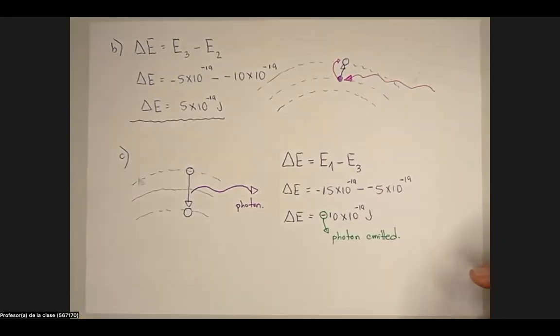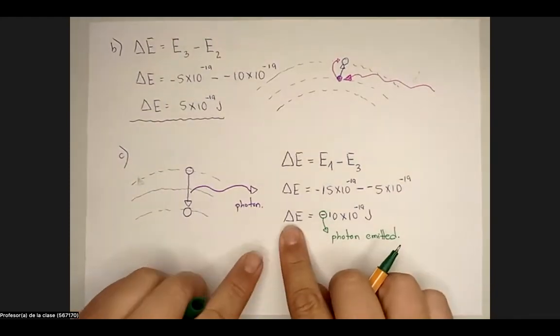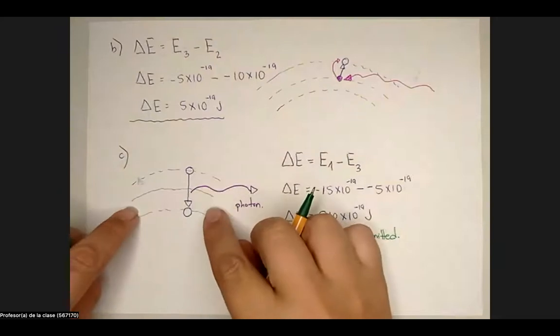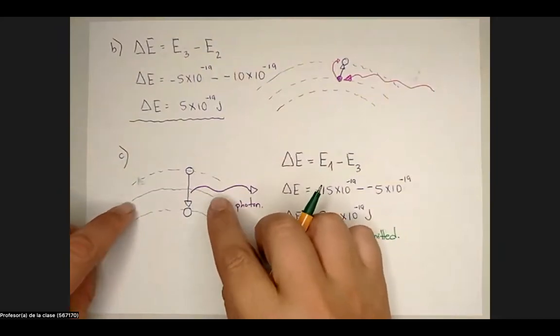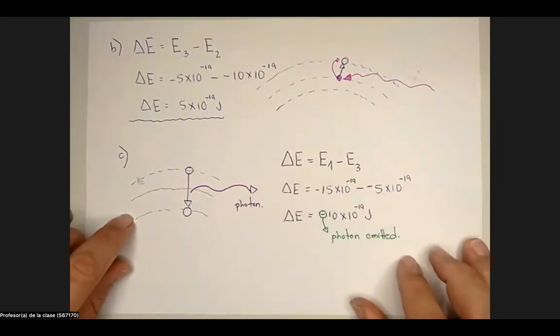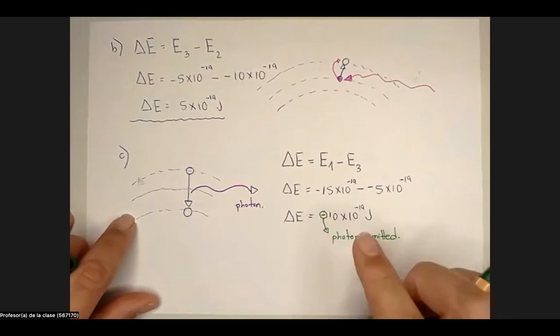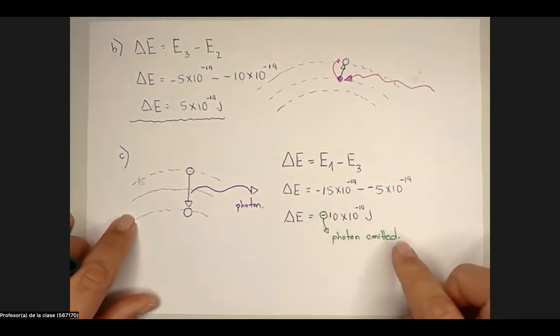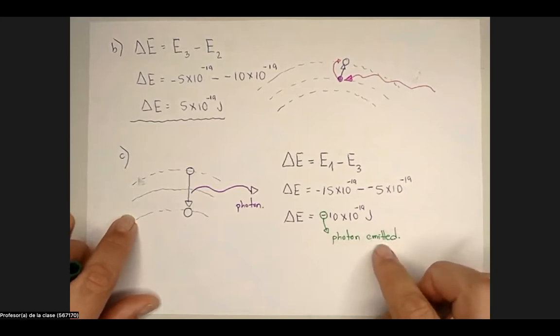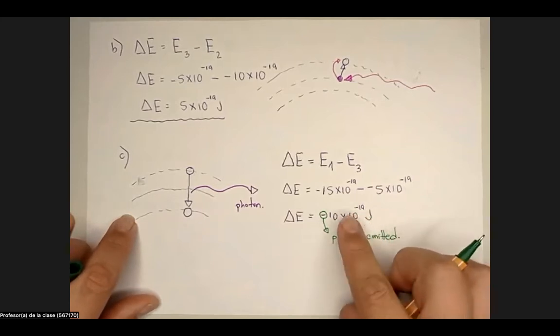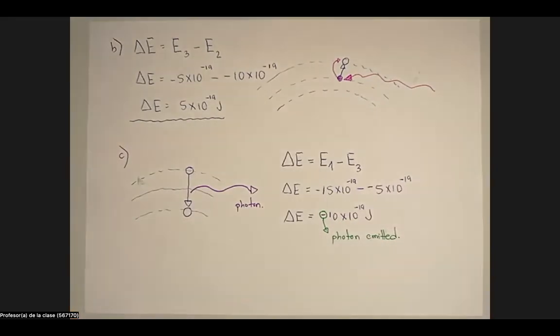That is the meaning of the subtraction of two different levels around the nucleus. This minus represents that the photon is emitted. And of course, the photon emitted will have this energy. Okay, that is important.